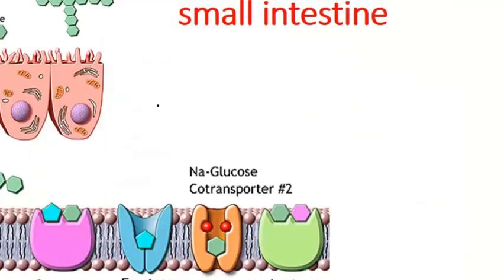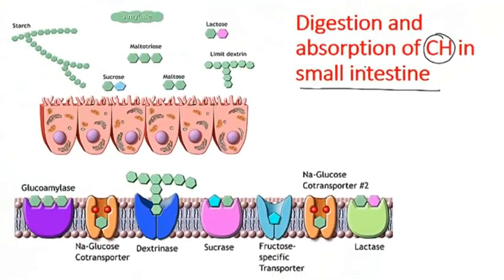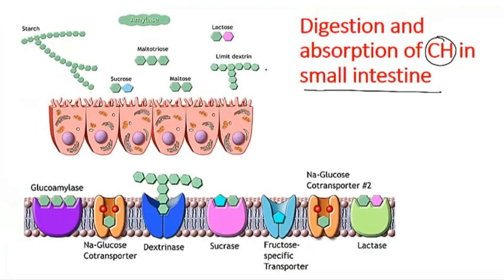As you see here, we will be looking at this process, the first part of the digestion in the small intestine, mediated for carbohydrate digestion and absorption. So here comes the pancreatic amylase that continues to digest all those large fragments of carbohydrates into smaller fragments.